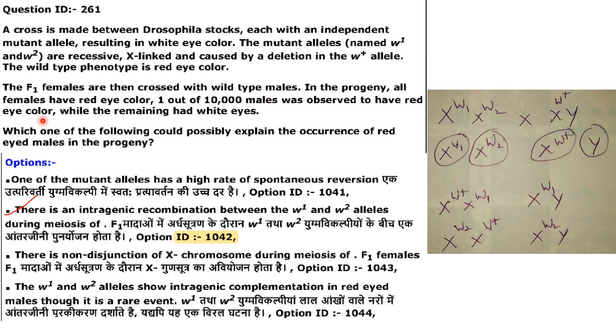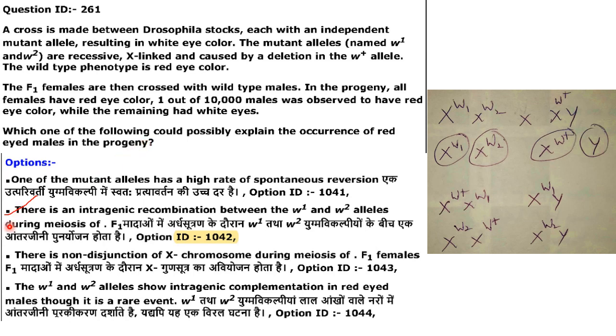I told you that after the cross, it is white eye color, that is, mutations are found in the males. But here they observed 1 out of 10,000 males with red eye color, while the remaining had white eyes. Which one of the following could possibly explain the occurrence of red-eyed males in the progeny?